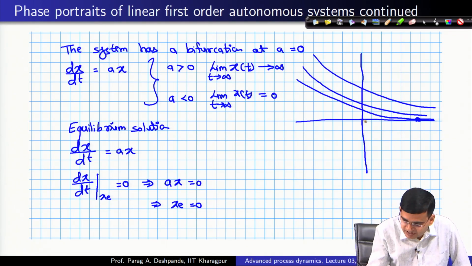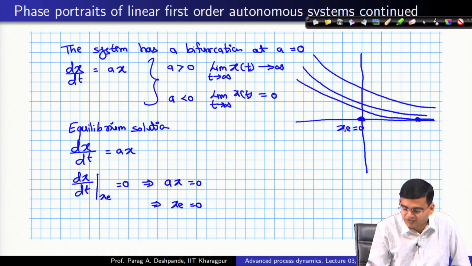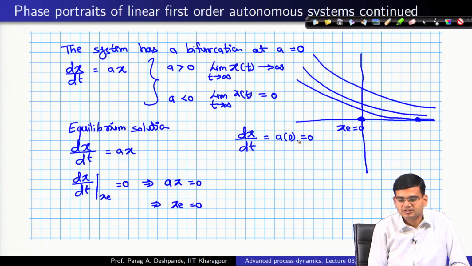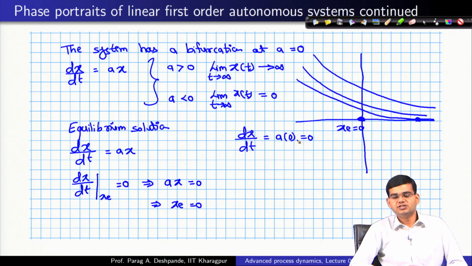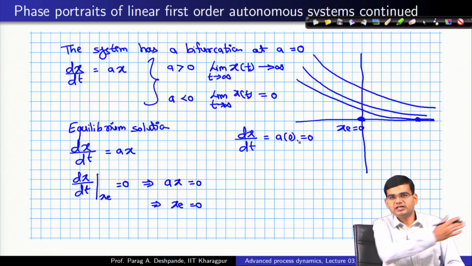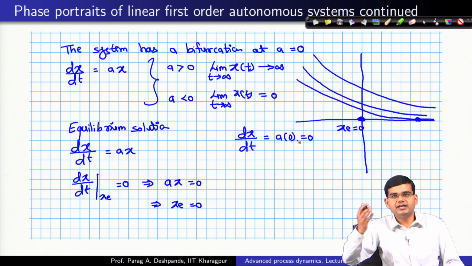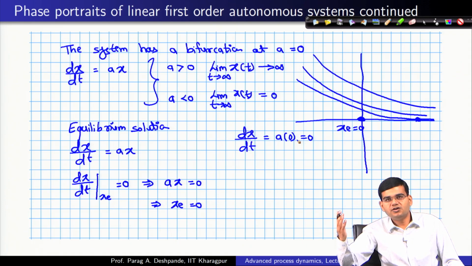If you start with 0 itself, x_e = 0, you have dx/dt equal to a times 0, which means 0, which means that the gradient is 0. So your gradient is 0, which means you are on a horizontal line. So the next value of the dynamical variable will also be the same. So, that is the meaning of the equilibrium solution.